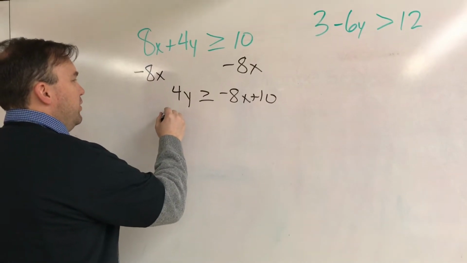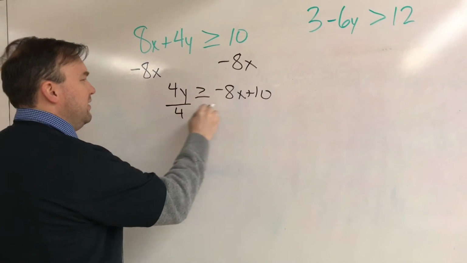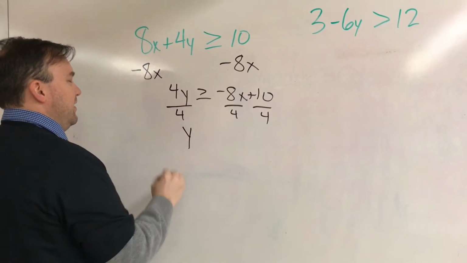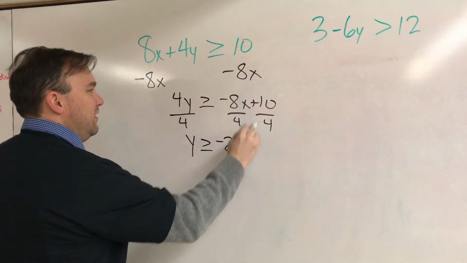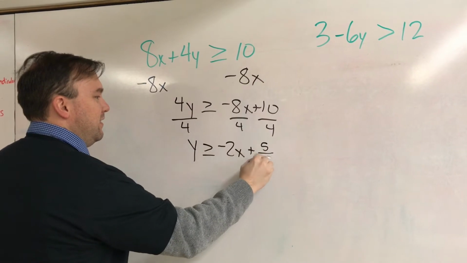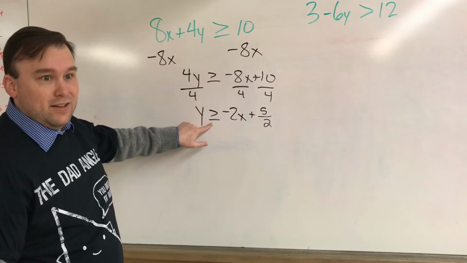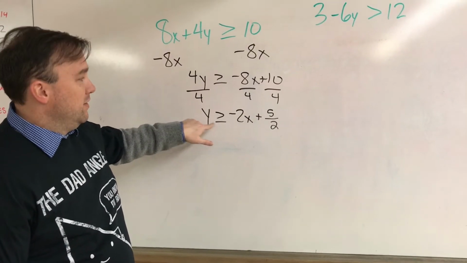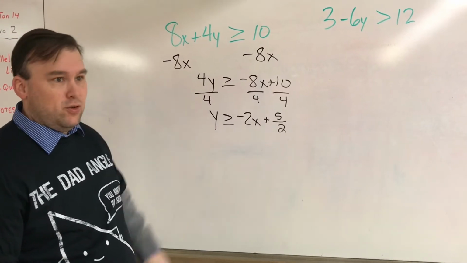Now we'll divide each side by. Greater than or equal to y is 5/2 plus negative 2x.